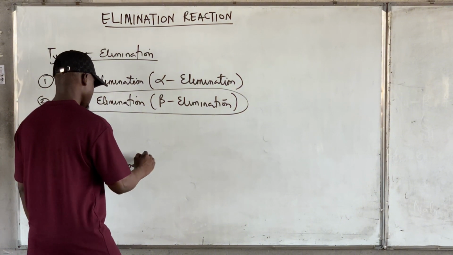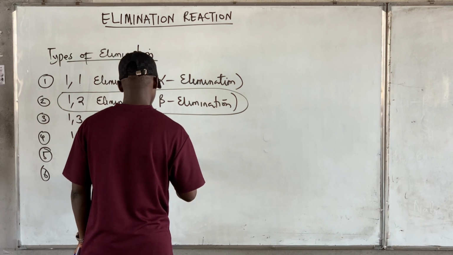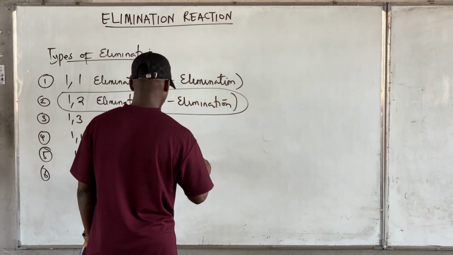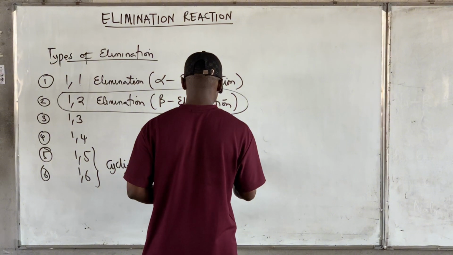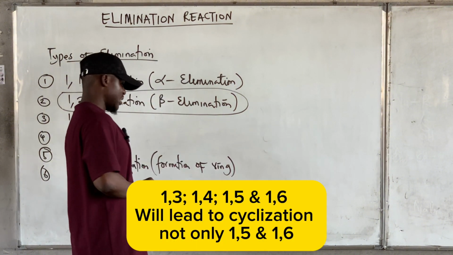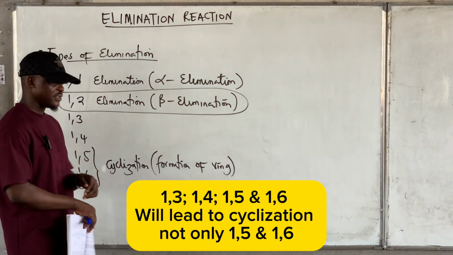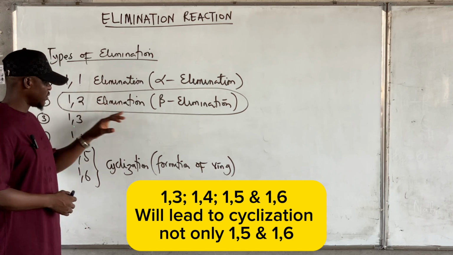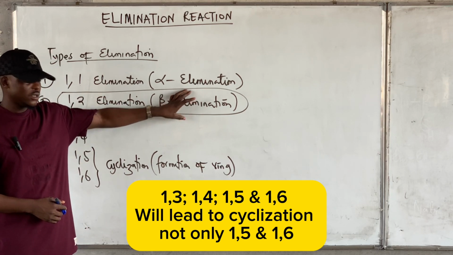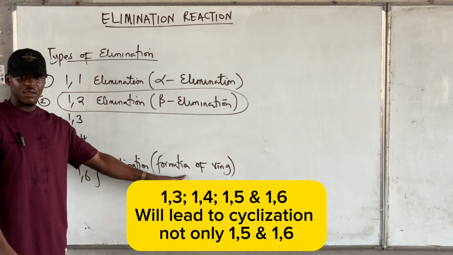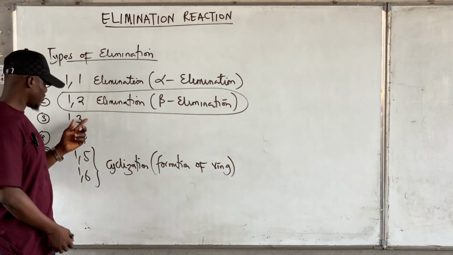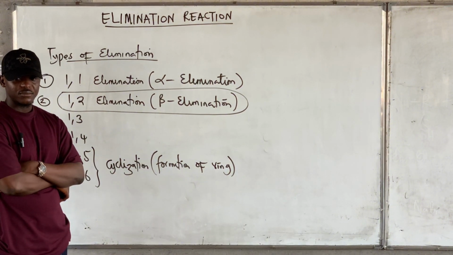That's basically what it means. So in the case of 1-2, there is always formation of a double bond. In the case of 1-5 and 1-6, there is formation of a ring. So yeah, 1-3 can also lead to cyclization.